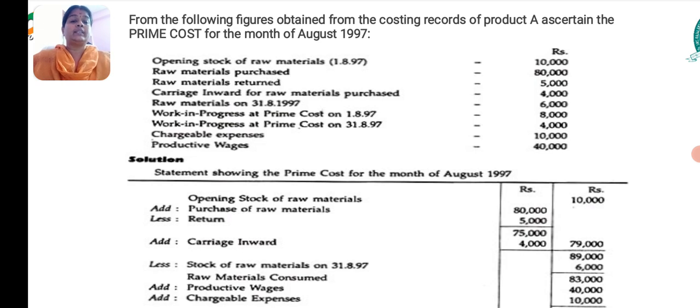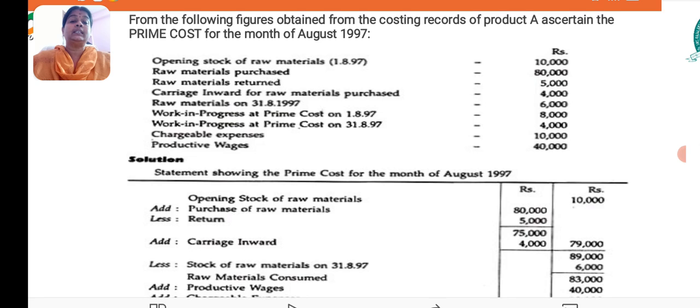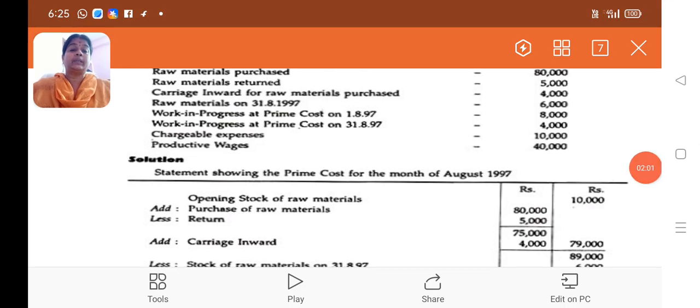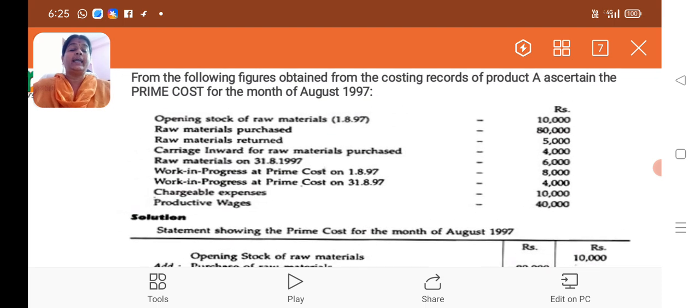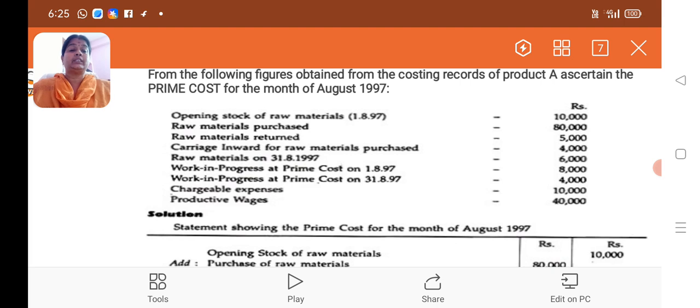Work in progress at prime cost on 1/8/97 is 8,000. Work in progress at prime cost on 31/8/97 is 4,000. Chargeable expenses is 10,000. Productive wages is 40,000. So these are the items or the information given as cost records of product A.